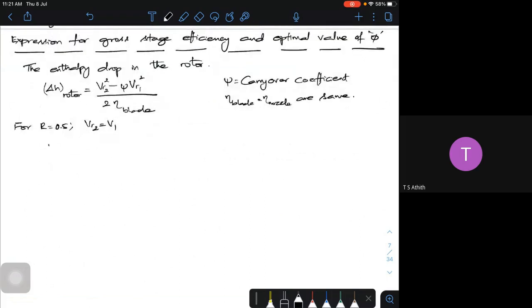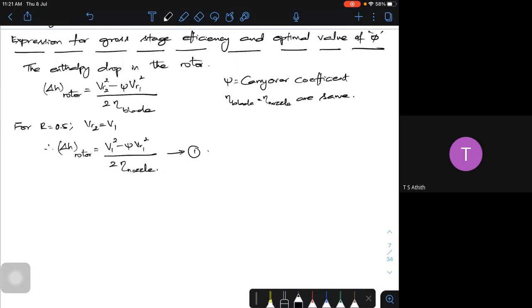So therefore, my enthalpy drop for the rotor, instead of VR2 square, I'll write V1 square minus psi into VR1 square, divided by 2 times either the blade efficiency or the nozzle efficiency. Let me write nozzle efficiency, doesn't matter. Let me call this equation number 1.